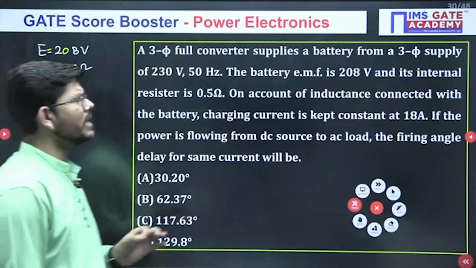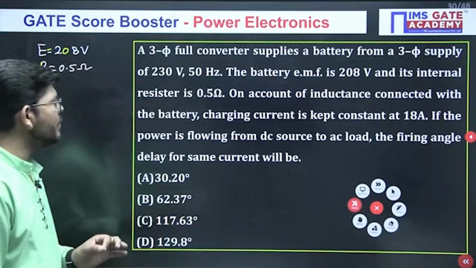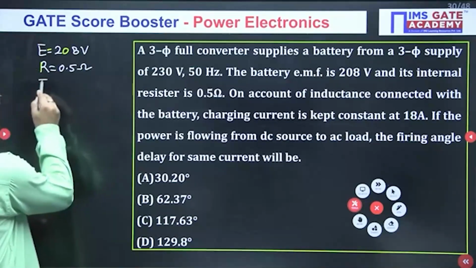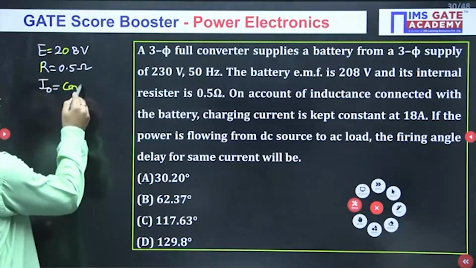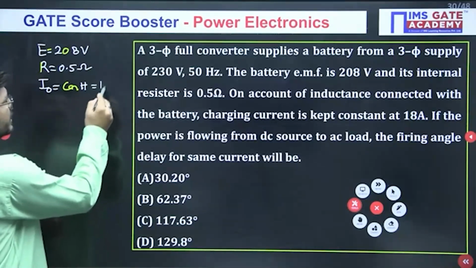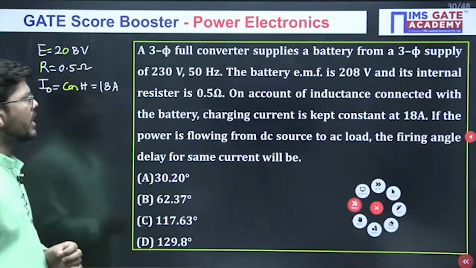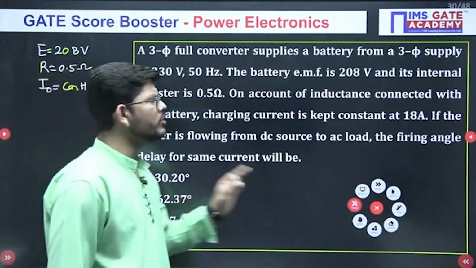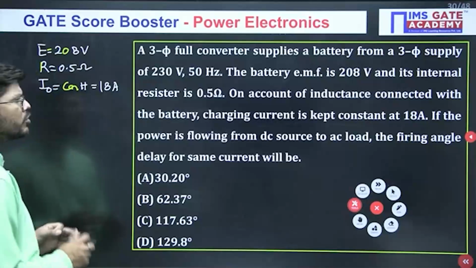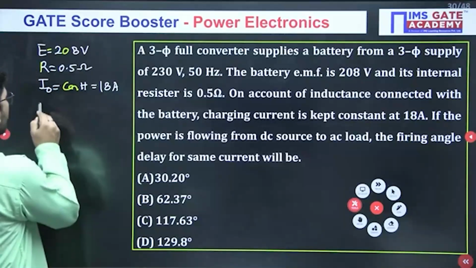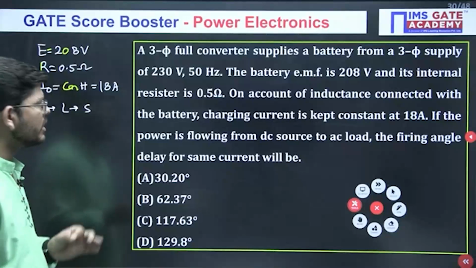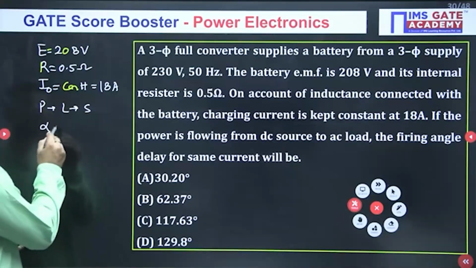On account of inductance connected with the battery, the charging current is kept constant, I naught is constant and ripple free, and it is 18 amperes. If the power is flowing from DC source to AC load, so power is flowing from load towards the source, the firing angle delay will be what?